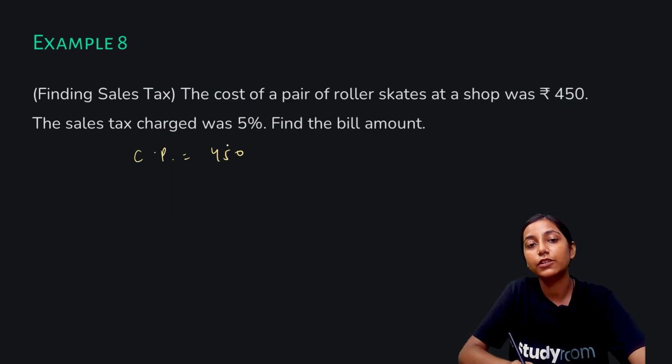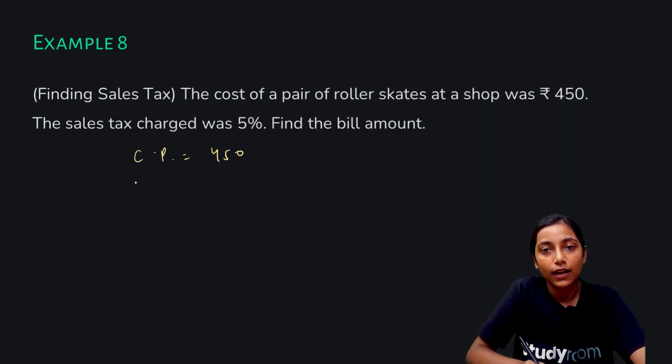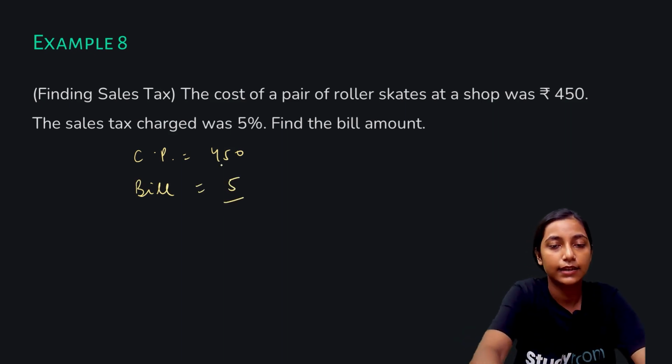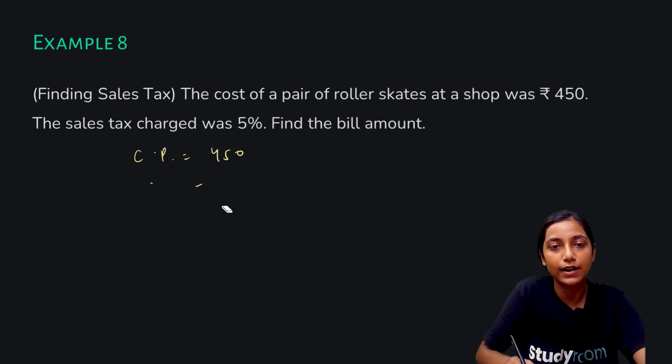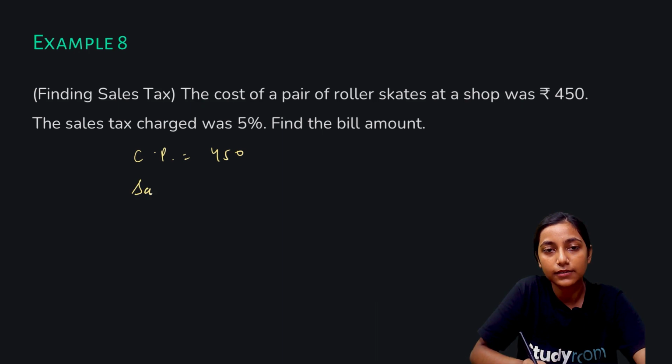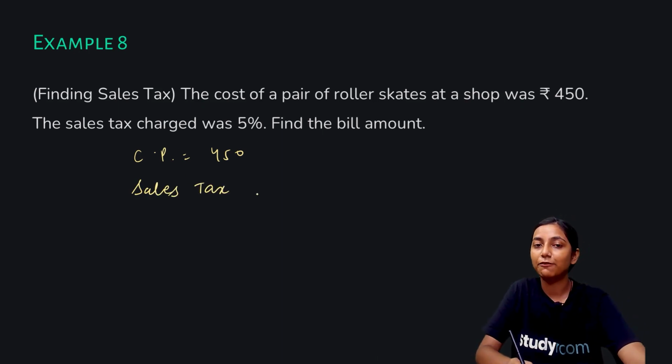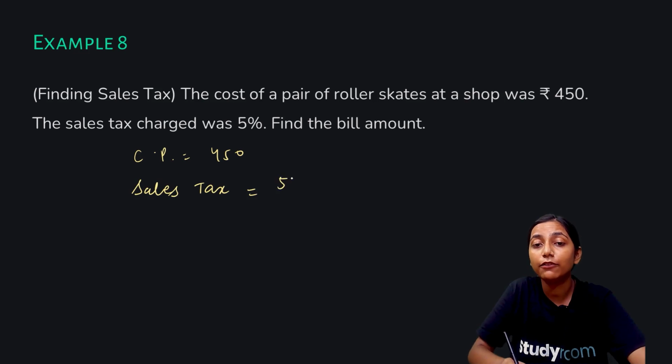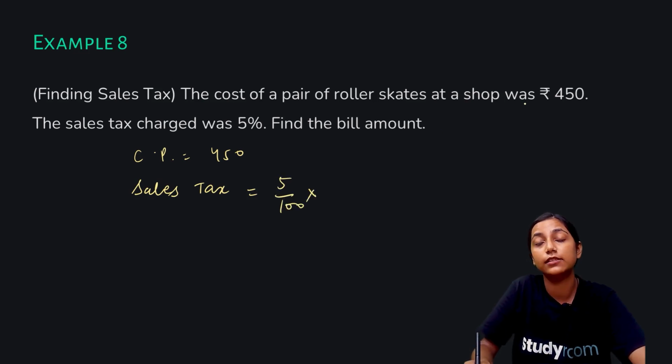That is, at last the bill will be how much? Just a second, I'll write it stepwise. So first of all, sales tax percentage was given 5%, therefore sales tax will be 5% of this cost price.